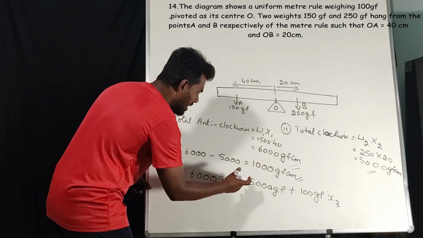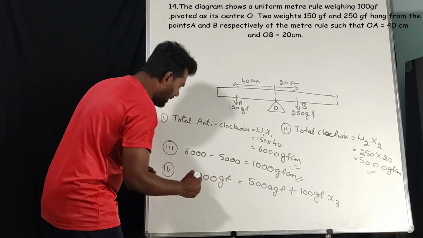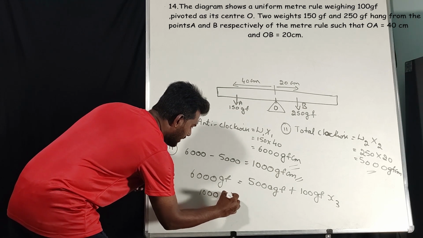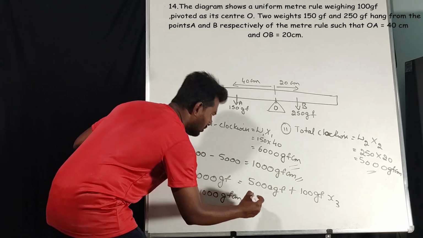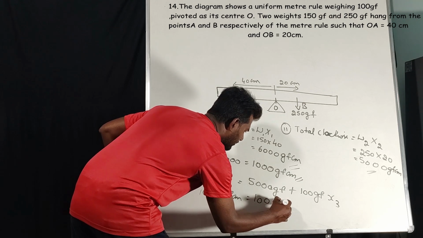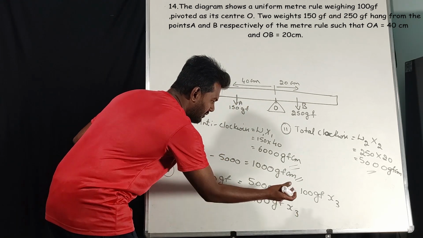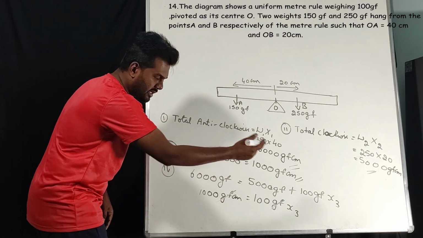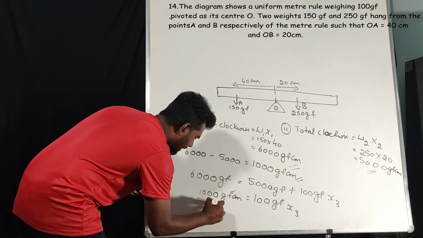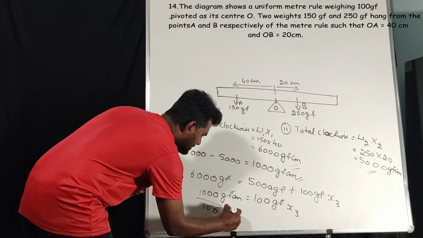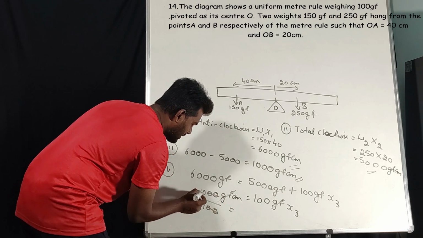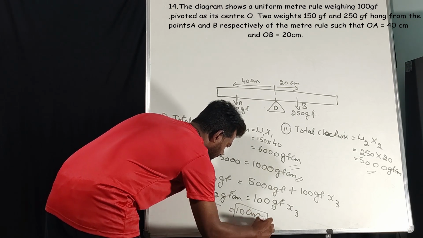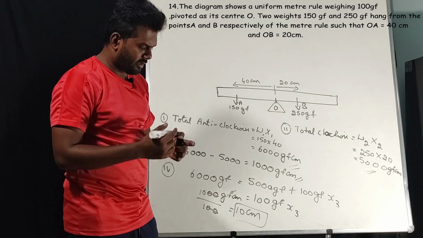So 6000 minus 5000, it is 1000 GF centimeter, is equal to 100 GF into x3. To get the value of x3, move this 100 GF to this side, and GF gets cancelled. 1000 by 100, the two zeros cancel, so this is 10 centimeter. That is the value of x3.